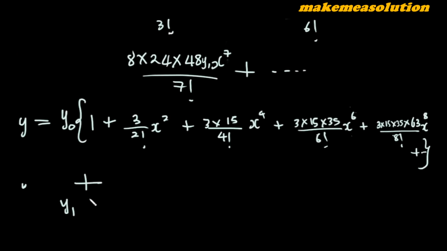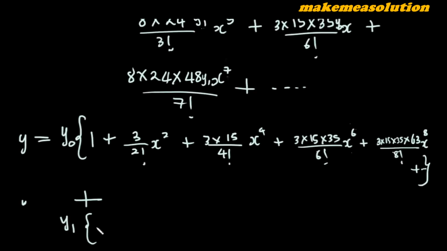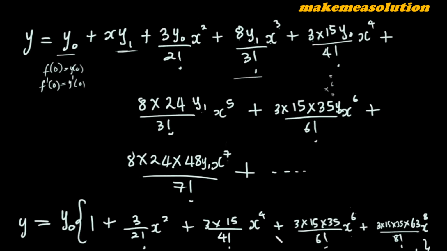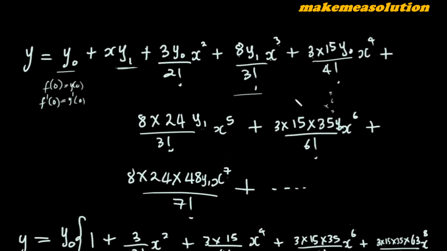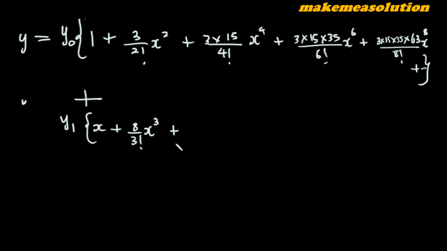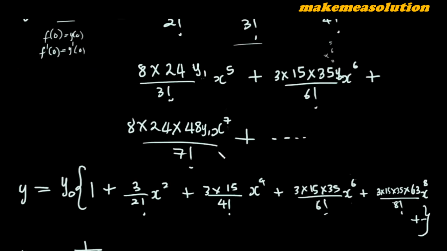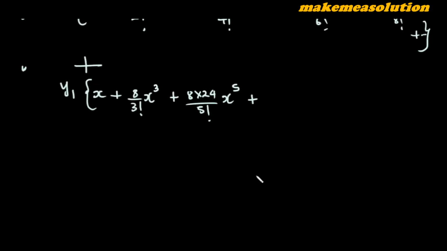You want to collect all the terms in y1, so you now have to start. Y1, factoring out from this, you get x, then plus, factoring out from this, you get 8 over 3 factorial x cubed, and plus the pattern now starts: 8 times 24 over 5 factorial x5, then plus the next y1 term is 8 times 24 times 48.